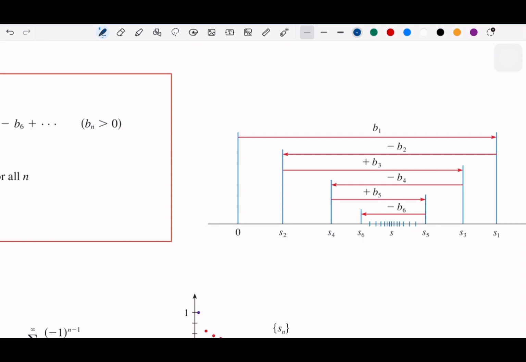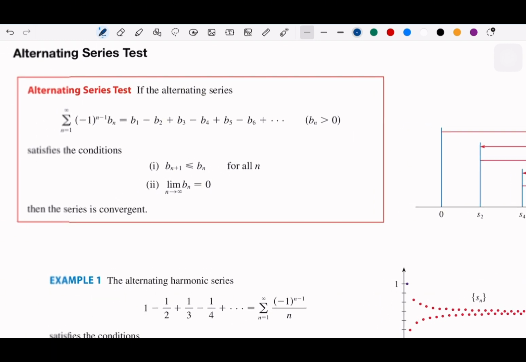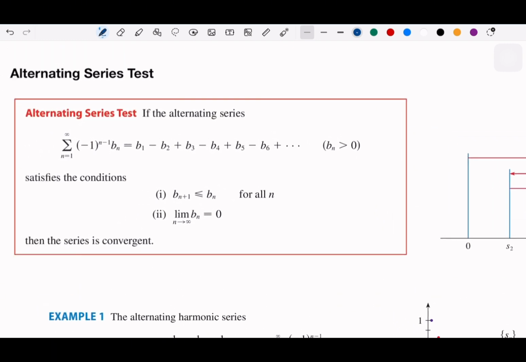Somehow it will reach some point S. At least that is what we can see from the illustration. So if this is alternating, the sum will be finite at the end of the day. Another condition is that the limit needs to be 0 for this to be satisfied.